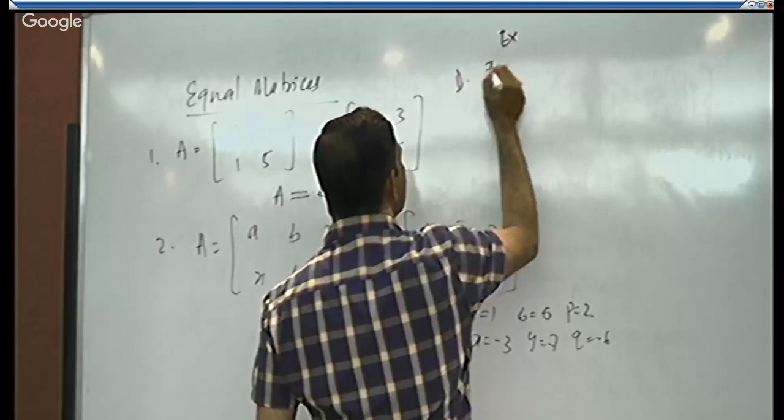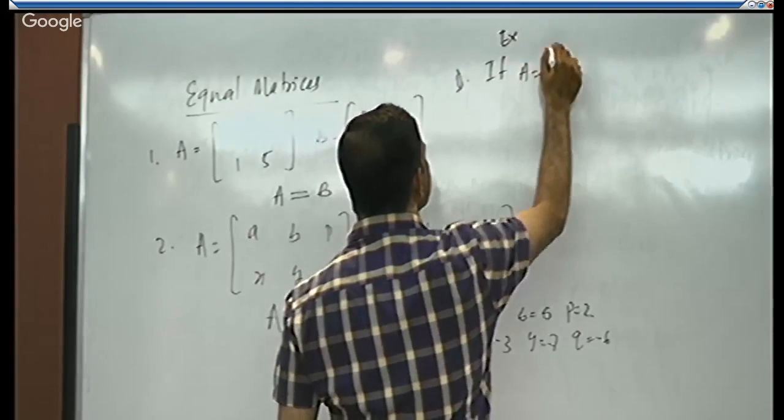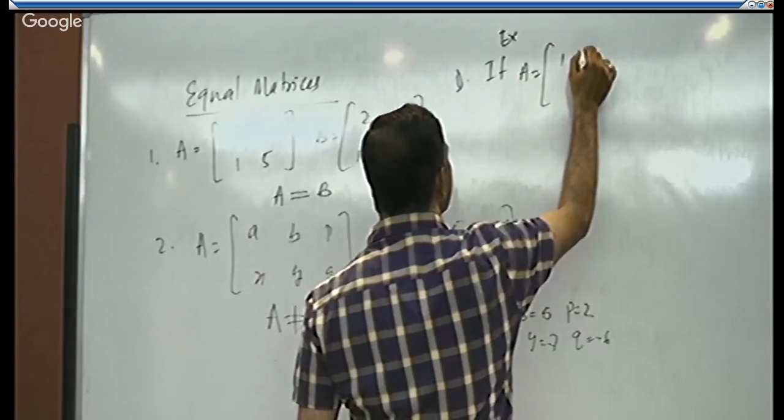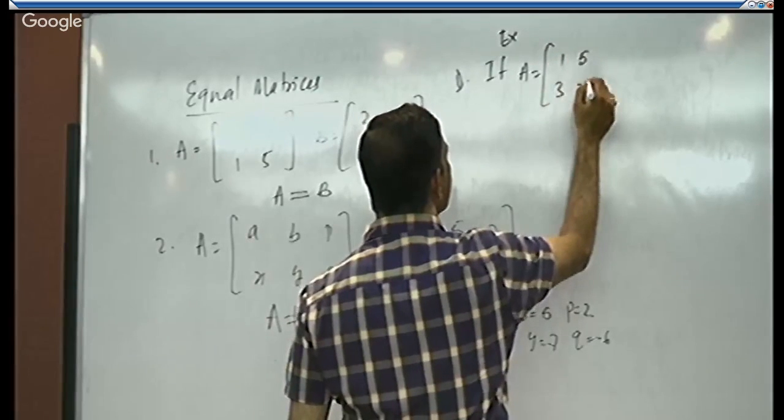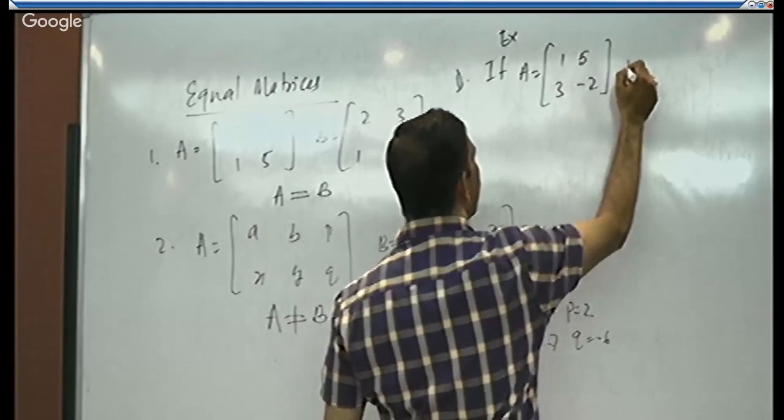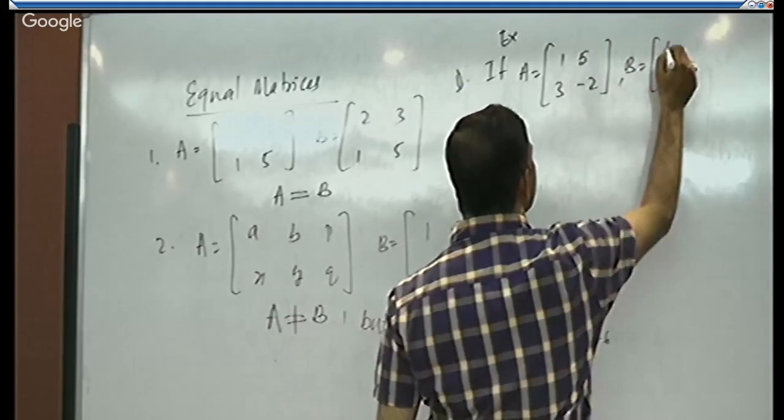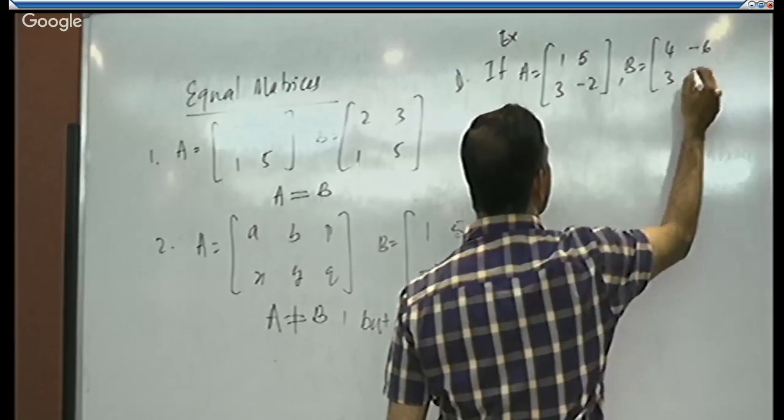First example, if A is equal to 1, pi, 3, minus 2, B is equal to 4, minus 6, 3, 2.